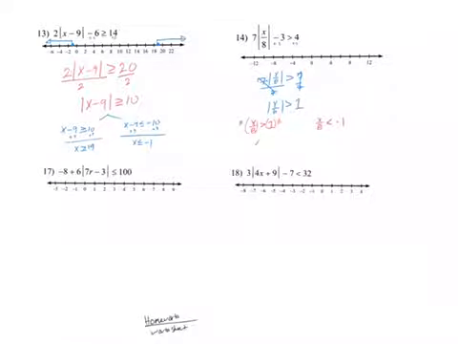So I end up with x is greater than 8. Here's 8, so open circle, x is bigger than that. Over here, again, I'm going to multiply both sides by 8. I get x is less than negative 8. So negative 8 is here. X is smaller than that, going that way.